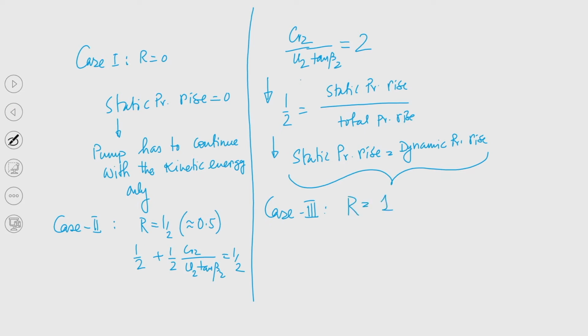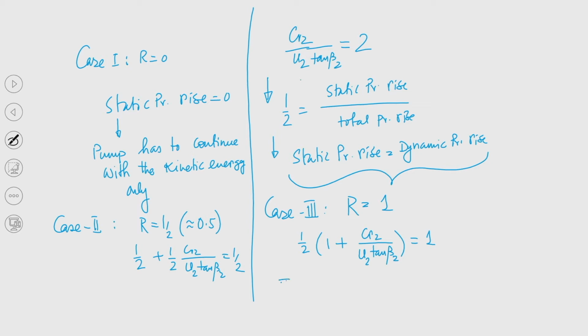So you can understand what will be the case when r equal to 1. Again I am writing half into 1 plus CR2 by U2 tan beta 2, equal to half, following the definition of r.